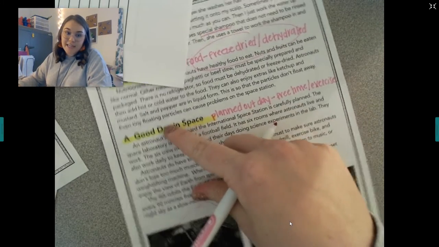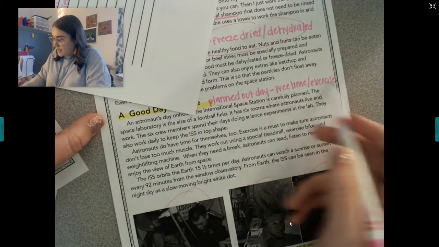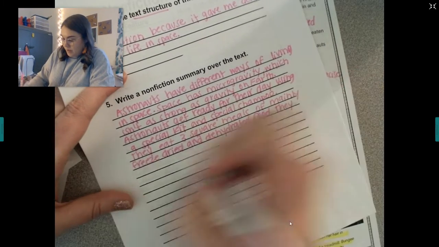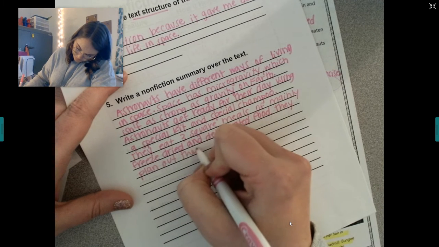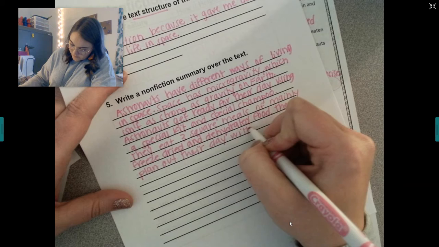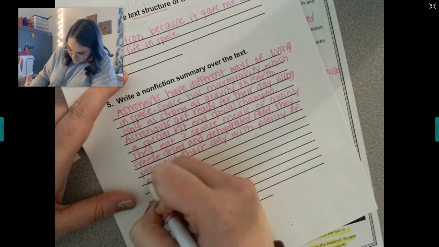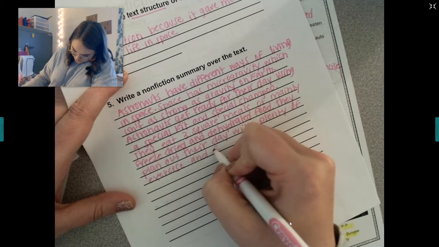I've got one more heading to do. So remember, one sentence for every heading. And I said they have a planned out day with free time and exercise. So I'm going to say they plan out their day with plenty of exercise and free time.